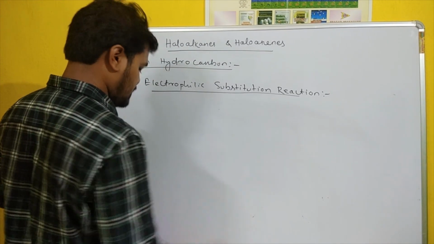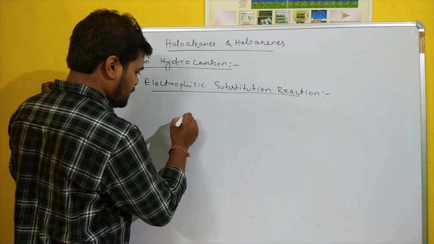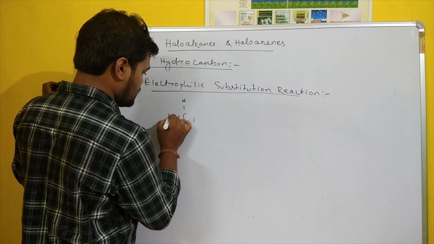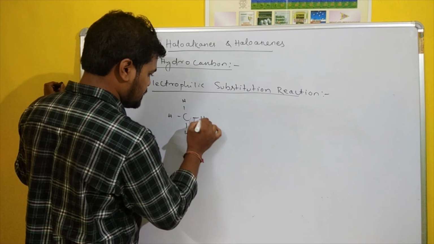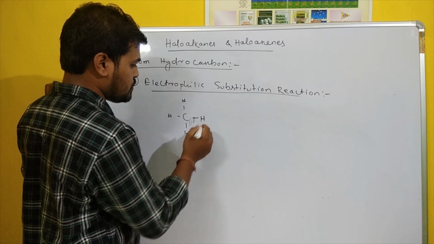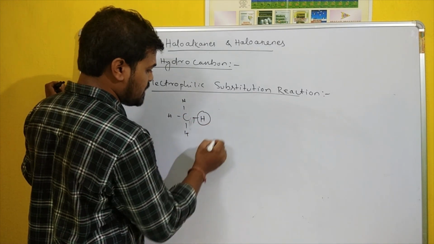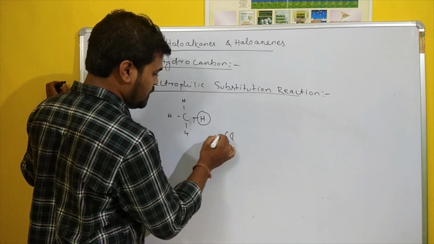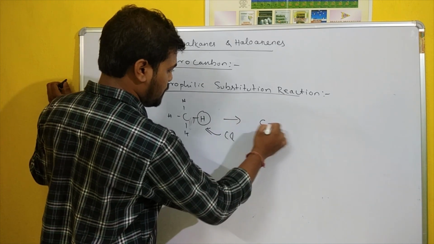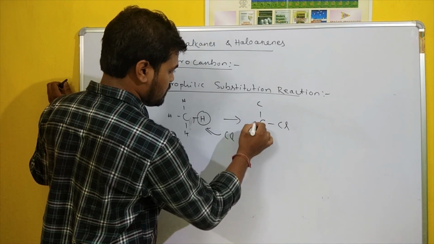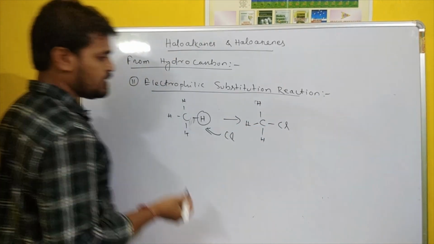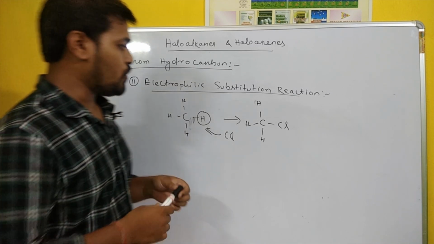Let us check. If this is methane, it contains 4 hydrogens. If one of the hydrogens is replaced by another group like Cl, then the compound is CH3Cl, that is methyl chloride.